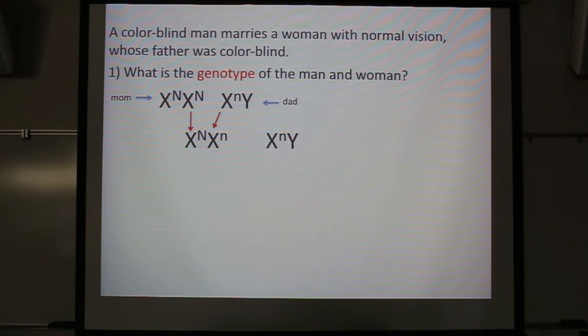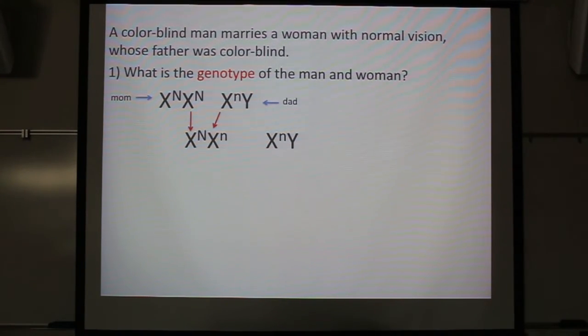The next thing they ask you is to figure out the genotype of this particular mom here, the woman. What you have to do is think about what her parents would be like. If you have a woman with normal vision but whose father was colorblind, this would be her father.